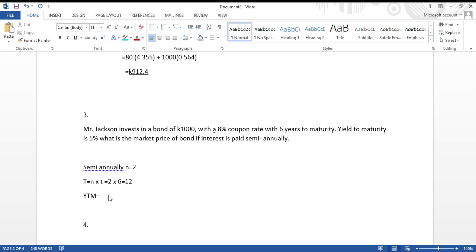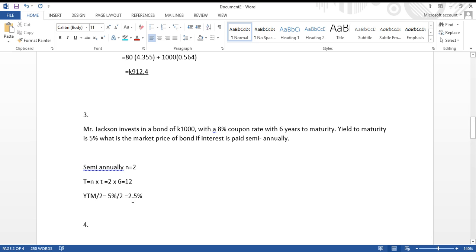Since our yield to maturity is 5%, remember the yield to maturity is the required return if the bondholder keeps the debt until it matures. We have to divide it by 2 since interest is paid semi-annually, that is twice. So 5% divided by 2 gives us 2.5%.